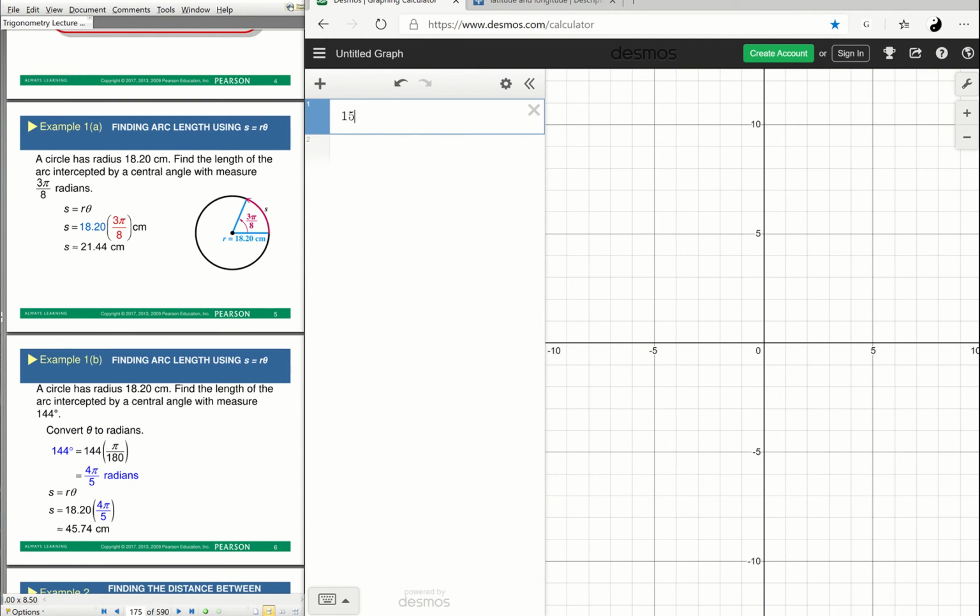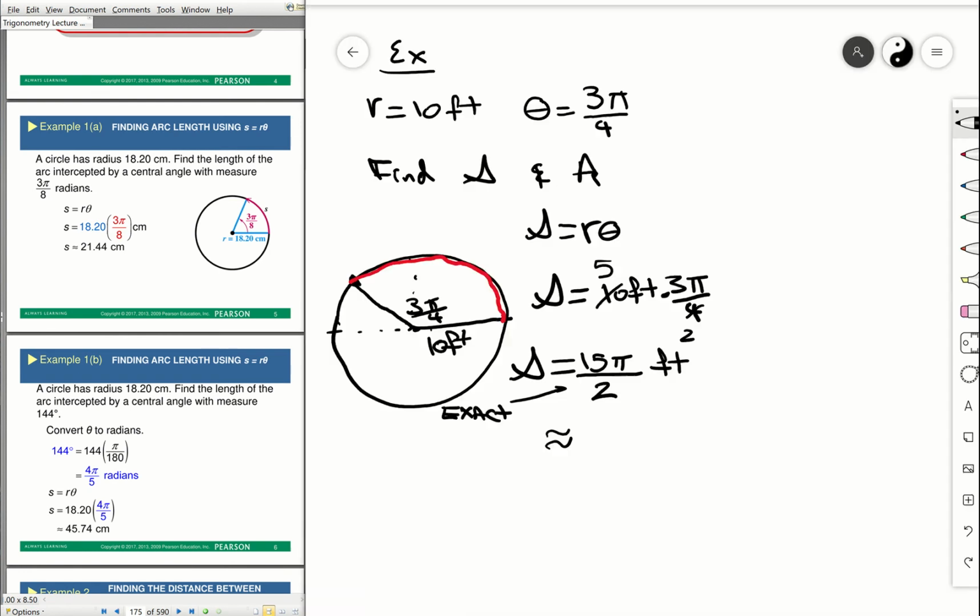In Desmos, if you just write pi, it turns it into a pi for you, and then we're going to divide by 2. And let's say we want to round to 2 decimal places, so we get approximately 23.56 feet.